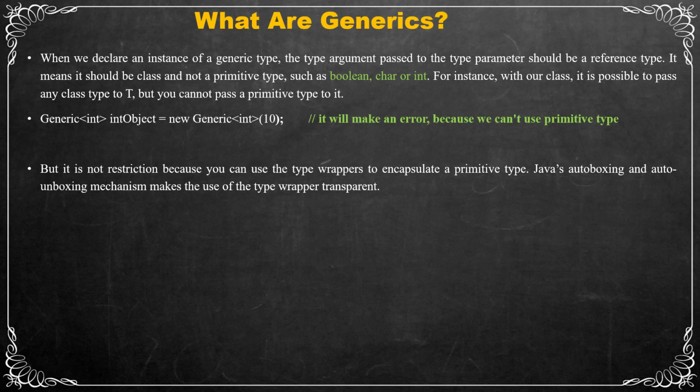But it is not really a restriction, because you can use the type wrappers to encapsulate a primitive type. Java's autoboxing and auto-unboxing mechanism makes the use of the type wrapper transparent.